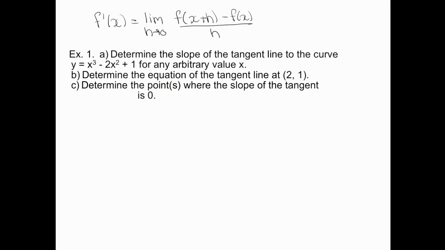So we're going to put that with our equations. We're going to sub x plus h into our equation of x cubed minus 2x squared plus 1 to help us calculate the slope of the tangent line.